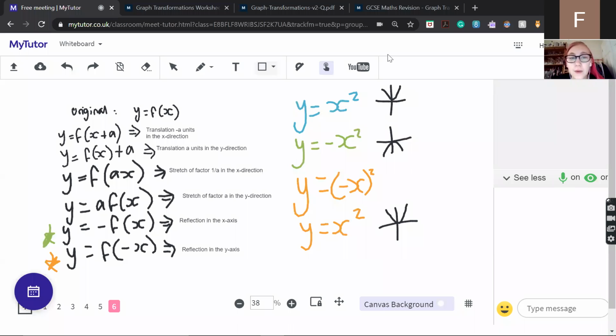Again, I know I've gone really quickly, so don't worry if you don't understand. But hopefully you've all had a chance to take a photo, write it down, take a screenshot. Someone asked, what's f in the coordinate grid? It's what y is, basically. So it's kind of like f of x. You put in x on the x-axis and you get out f of x.